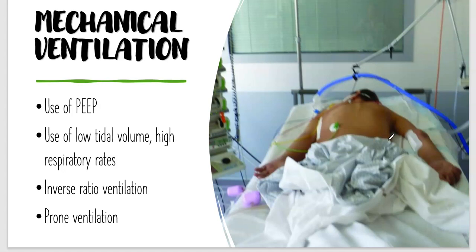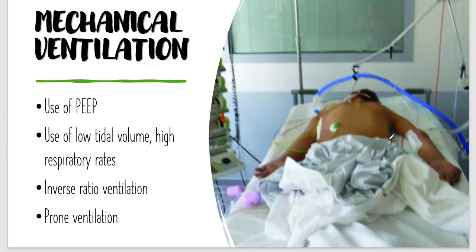But hindi tayo gumagamit ng PEEP kasi kaya naman nating huminga with our normal spontaneous ventilation. But a client who is actually in acute respiratory distress syndrome, or maybe even in acute respiratory failure, wala po silang extra oomph. Kulang na kulang yung pag-ventilate nila. They do not get enough oxygen. Wala pong tumutulong sa kanila kasi hindi nila kayang huminga ng sarili nila.